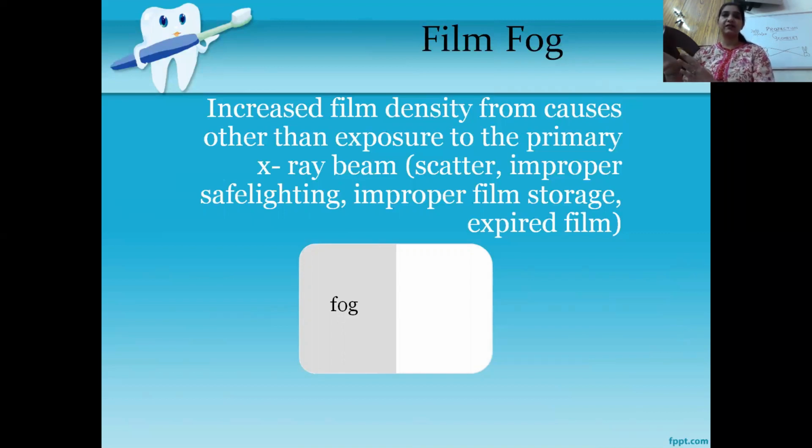An expired film, where the emulsion and base have deteriorated and absorbed moisture, will also create film fog.